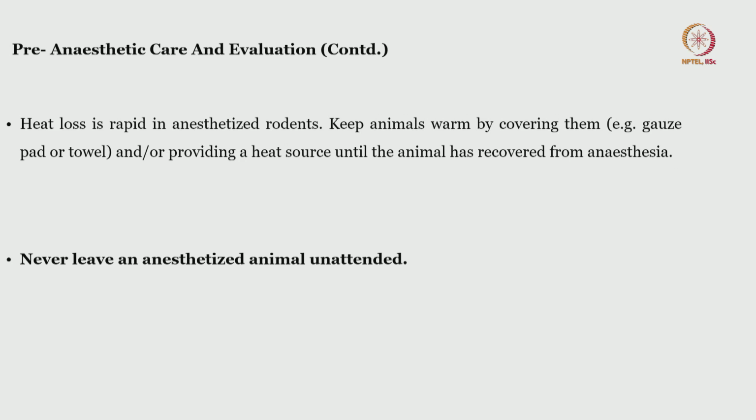You need to keep the animal warm throughout the surgical procedure, because heat loss is pretty rapid in anesthetized rodents, because as it breathes it loses a lot of heat from the body. So warming the body is a very important aspect, and body temperature has to be maintained, alright.